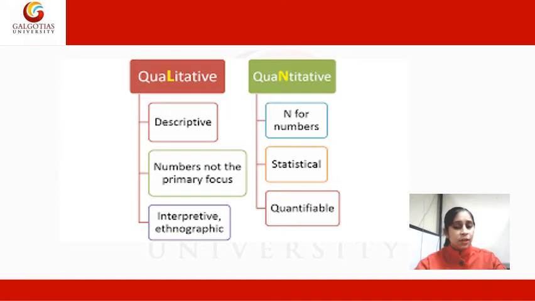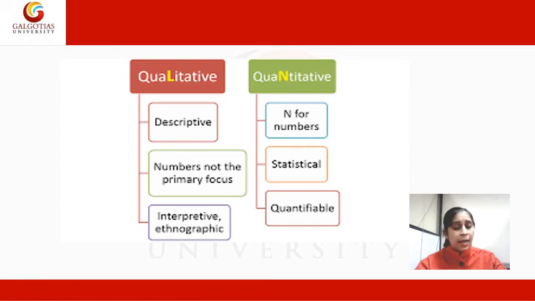Now, just have a close look at these two pictures. As you can see, qualitative research is a descriptive kind of research where the object is to gather probably not numbers, but to a great extent the expressions, the feelings of the subjects involved, and their experiences.